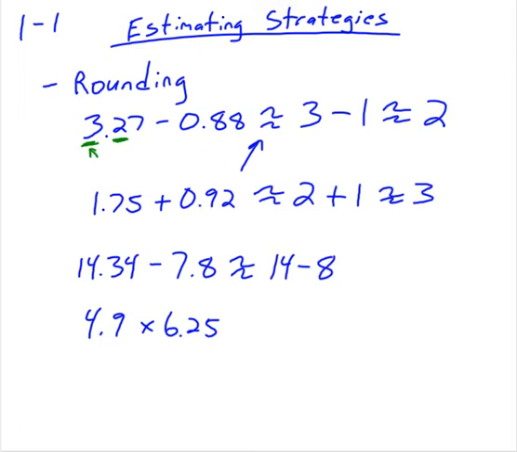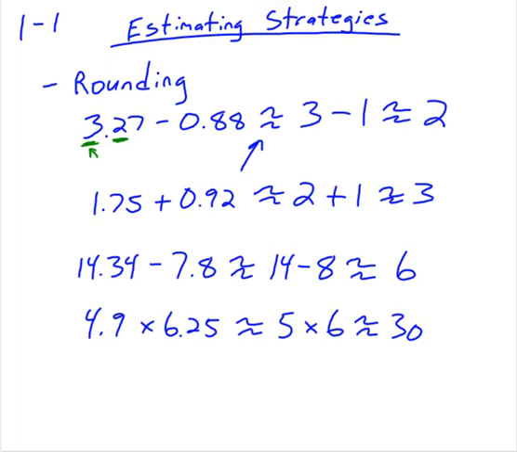So we have 14 minus 8, which is 6. 4.9 is really close to 5, and 6.25 is really close to 6. And so we know that 5 times 6 is 30. So that is how you estimate using rounding.